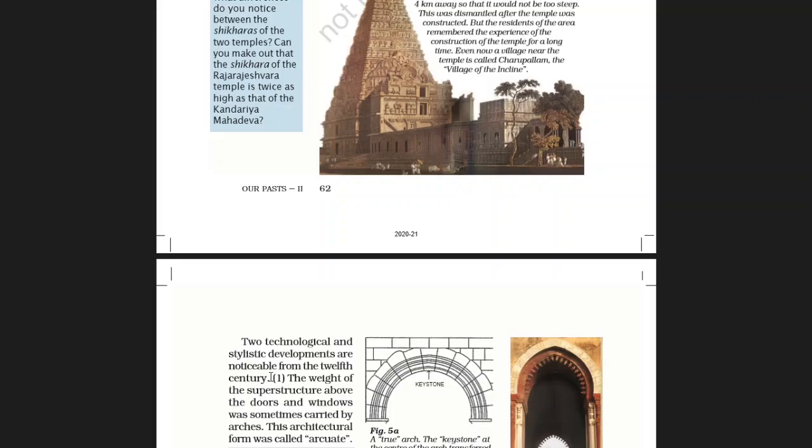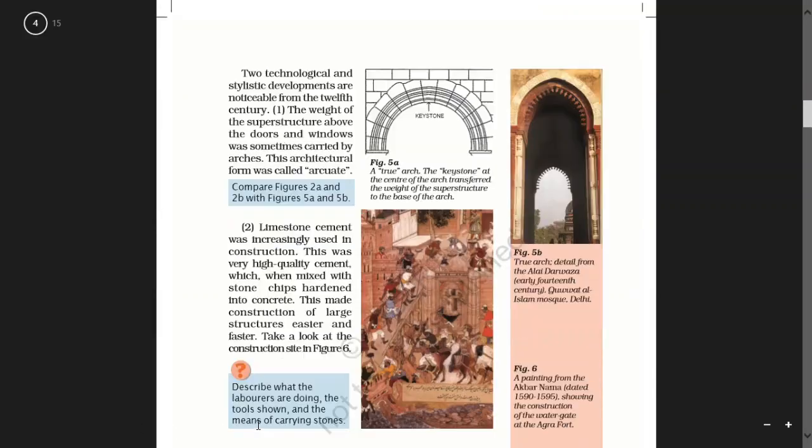Let us see. The weight of the superstructure above the doors and windows was sometimes carried by ox. Superstructure means a structure built on top of something else. So above the doors and windows was sometimes carried by ox. If you look, that structure is given in figure 5a. So the architectural form was called arcuate.